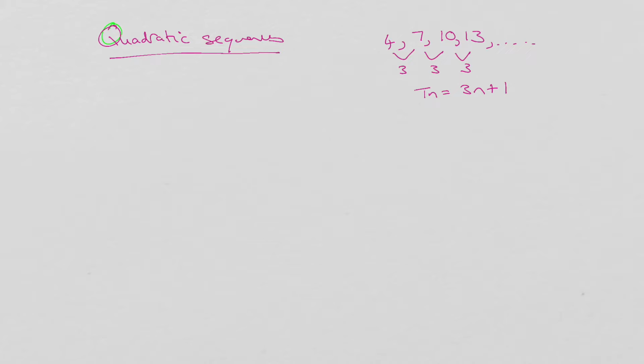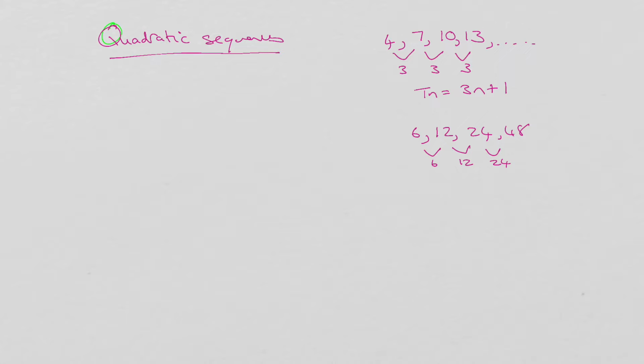If it doesn't work for arithmetic, you can look and see if it works for geometric, right? So if we have, for example, 6 and 12 and 24 and 48, then the first difference is clearly not going to be the same. And you should realize that we have not got an arithmetic sequence.